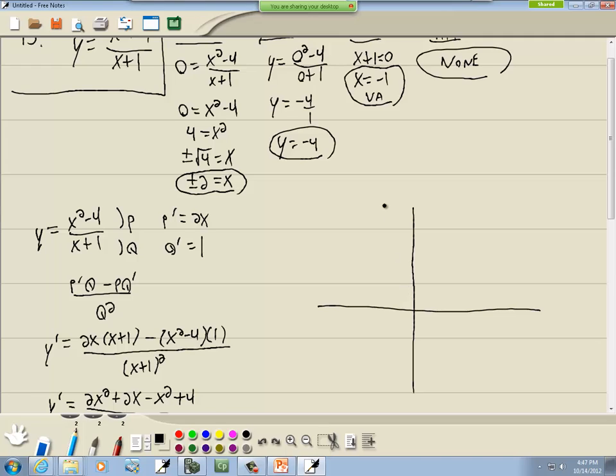Okay. Our intercepts are 2 and -2. So crosses here, crosses here. Y is equal to -4. Crosses here. Our vertical asymptote is at -1. So here's an invisible line that the graph will skim at some point. There is no horizontal asymptote.